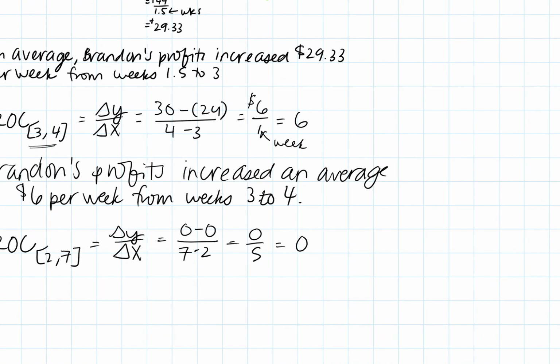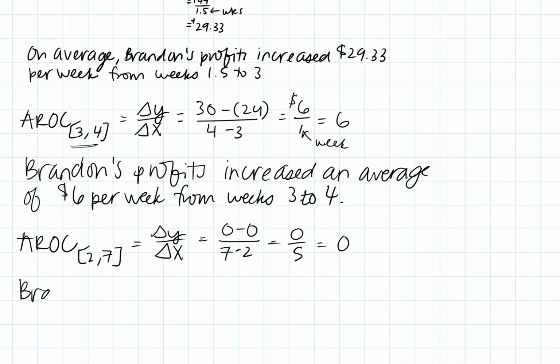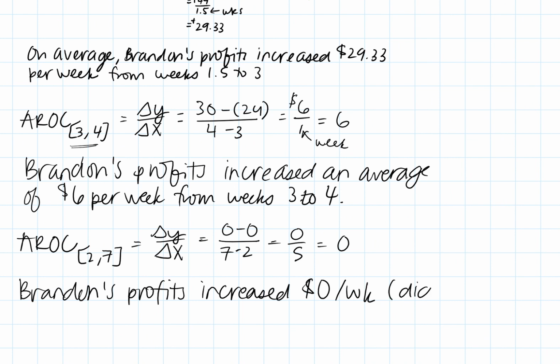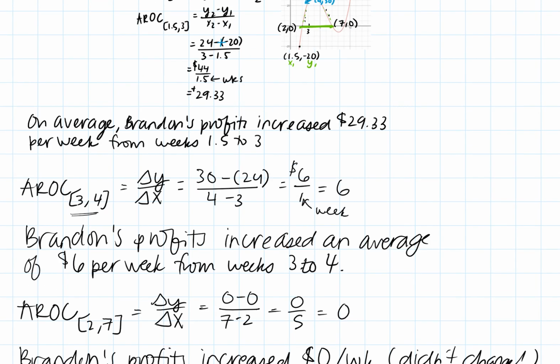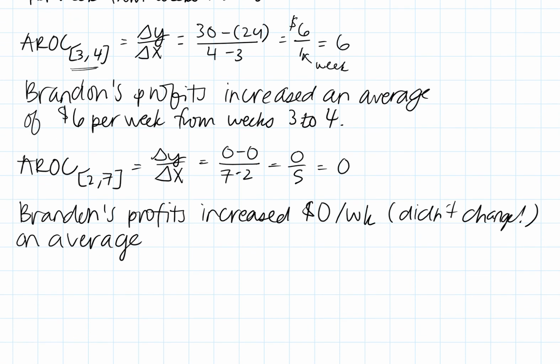We would interpret more formally by saying Brandon's profits increased $0 per week, so didn't change. On average, again, this on average is really important because they obviously did change. His profits did go up, we saw that, and they did go down. But if we're just looking at an average from those 2 points, from weeks 2 to 7, then it looks like his profits didn't change at all.